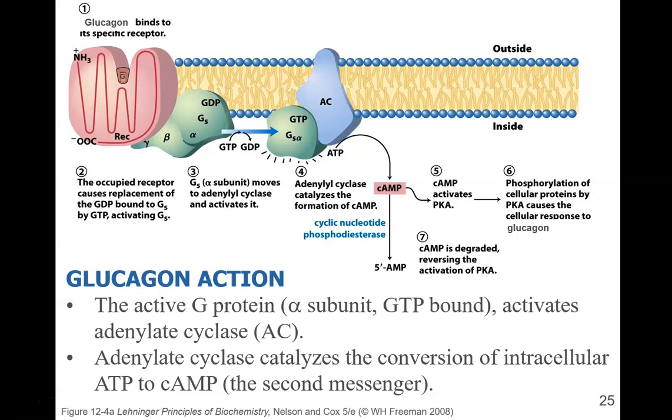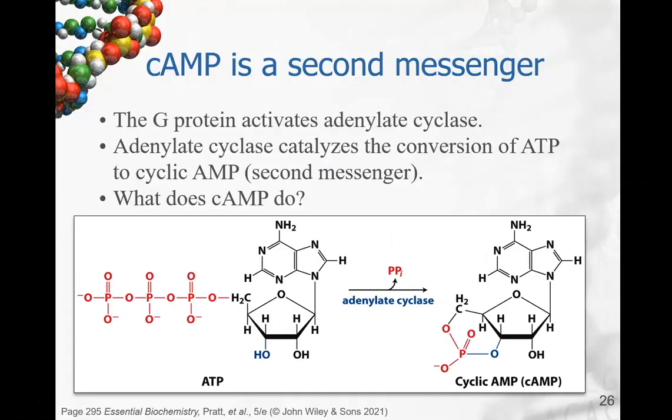So we can consider glucagon to be the first messenger and cyclic AMP the second messenger. Okay, so now what happens? Let me show you the reaction first. Here's ATP and here's the adenylate cyclase. Pyrophosphate is the leaving group and you make this cyclic compound right here. This is cyclic AMP and it is our second messenger.